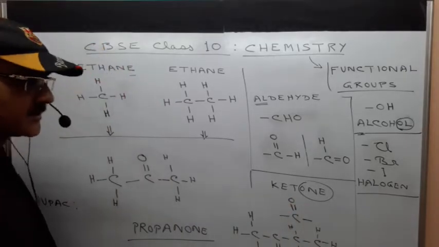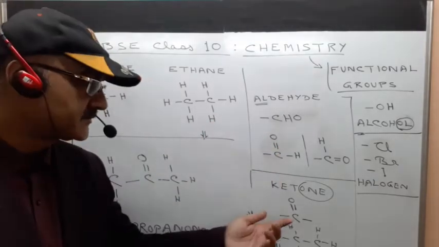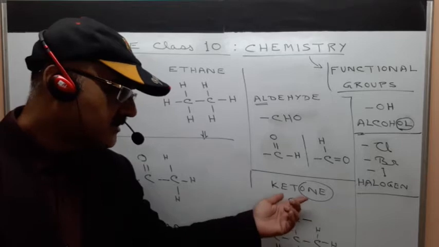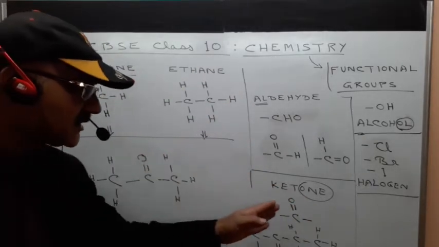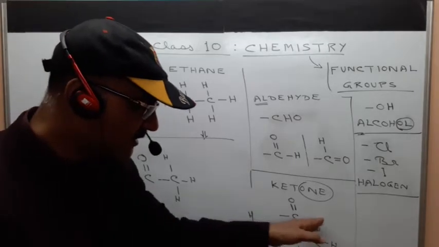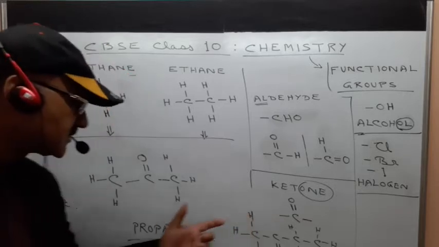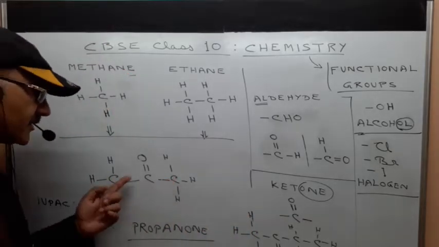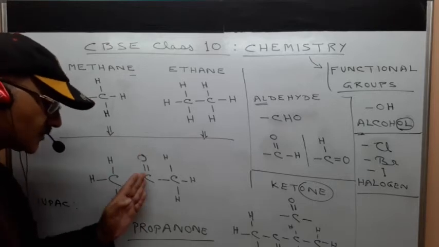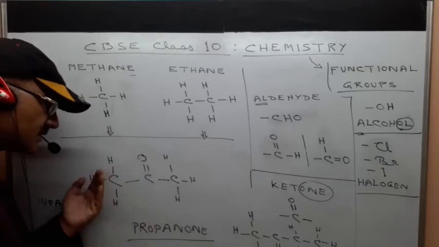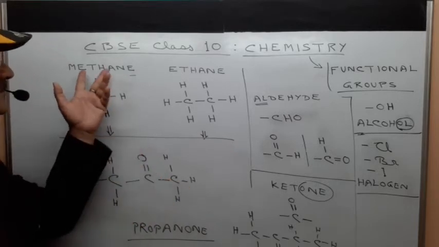Clear? Okay. Now, one more point you have to realize here. For this ketone to be present in a hydrocarbon, it must have a carbon atom on this side and another carbon atom on this side. So that means there has to be a minimum of 3 carbon atoms in the molecule. This is the ketone group, 1 carbon this side, 1 carbon this side, so minimum is 3. So that's why we cannot have methanone.